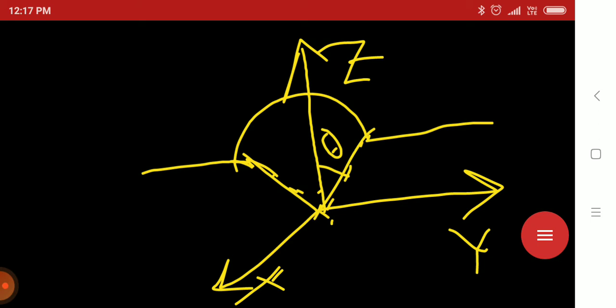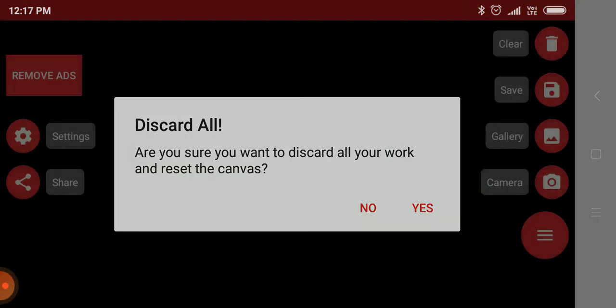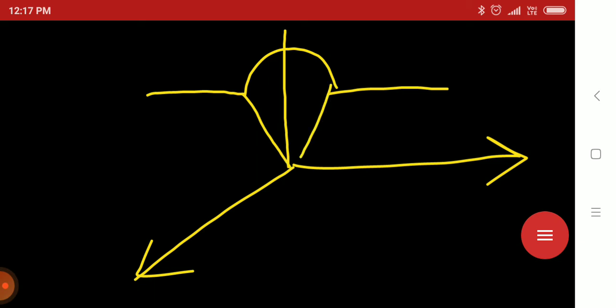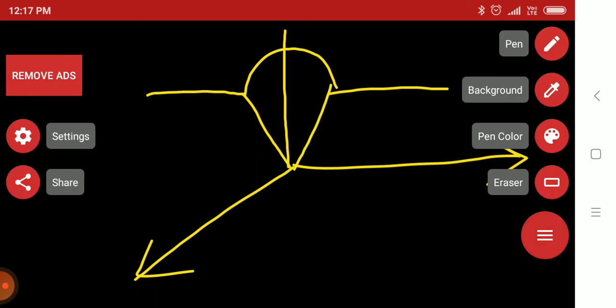Sorry, let me draw properly. This is the axis, this is the circular arc. Now there is a dotted line.